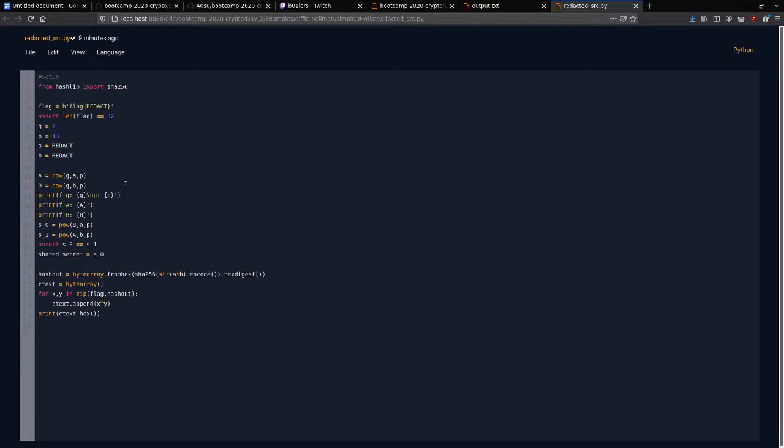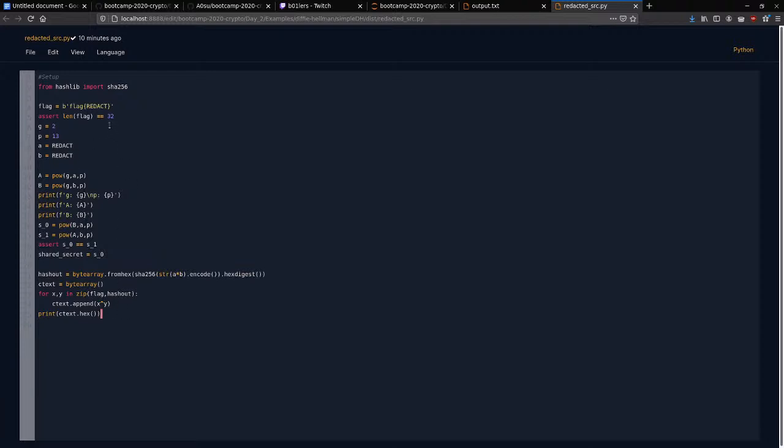The way I was using it was I would do the computation from the previous slide, and then once I determined the shared secret, I would take the SHA-256, which creates a 32 byte hash, and I also chose the flag to be 32 bytes. Then I would just XOR them together.